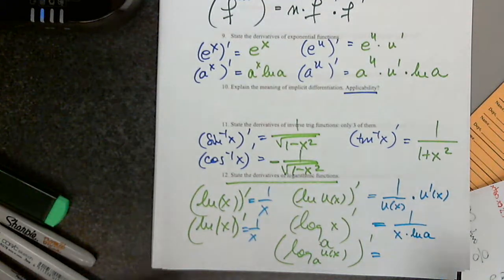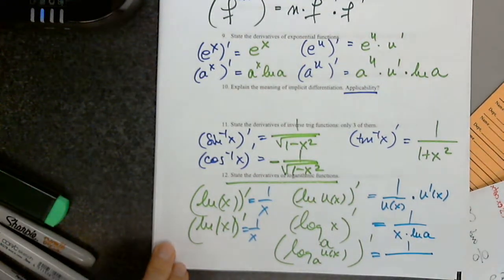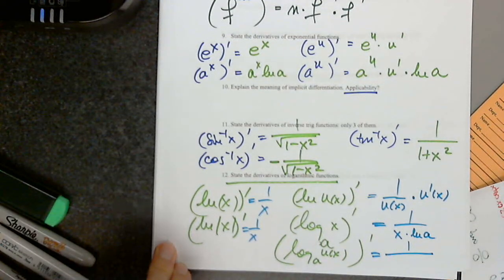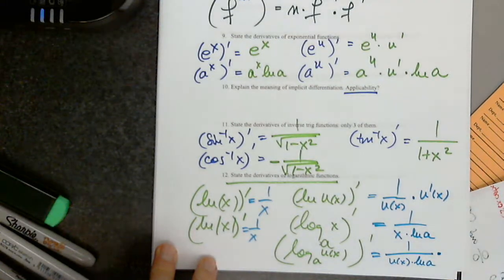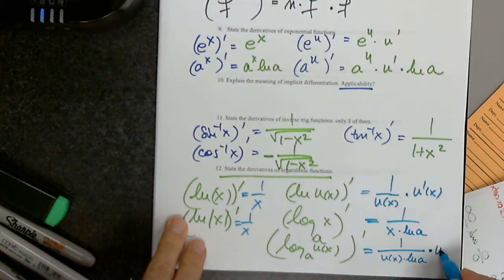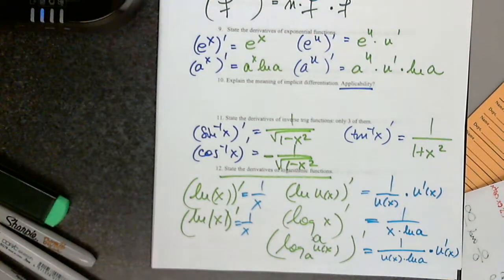And the last one, 1 over u of x times natural log a times u prime of x.